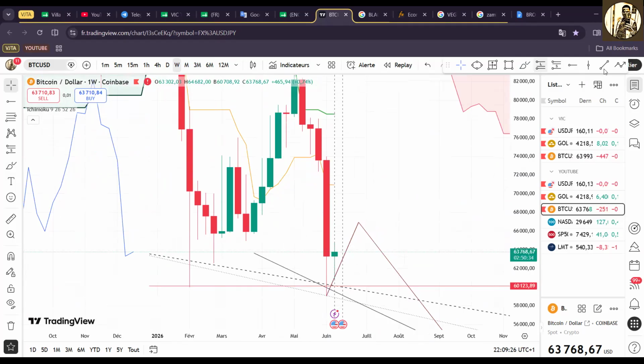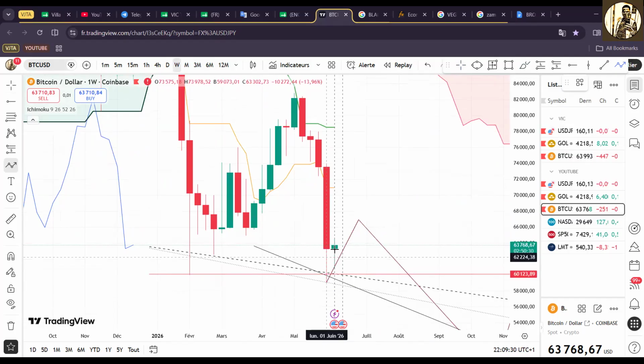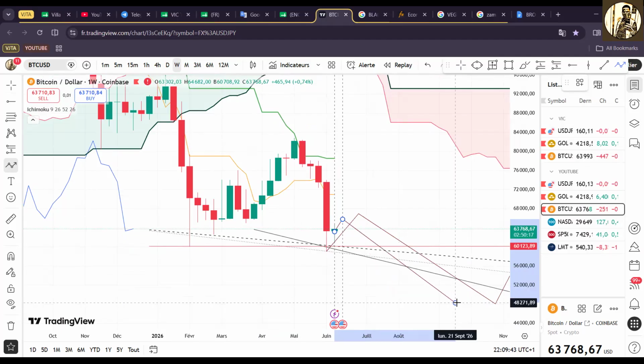So when we go on weekly now, from where the price is now at this level, right? What we can say is that the price can move maximum up till the body of this green candle, before falling back down at the same level as the monthly one.